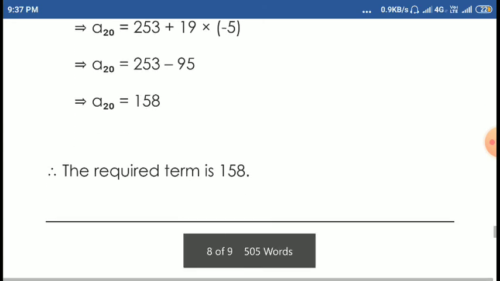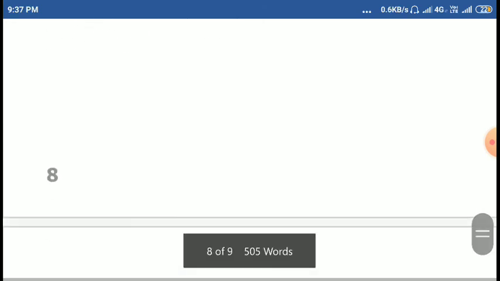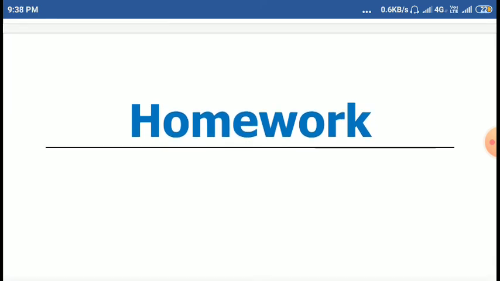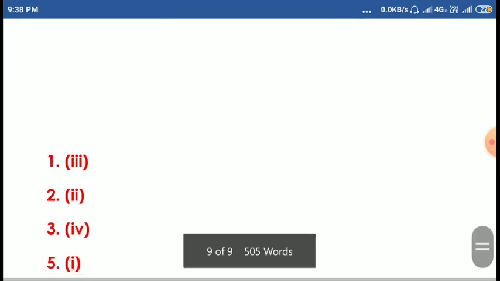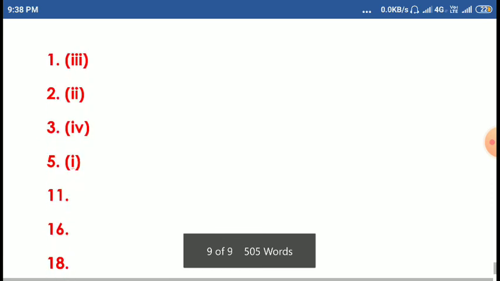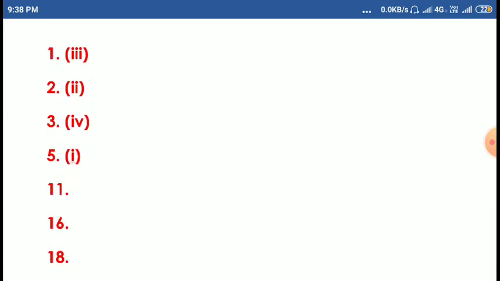So let us come to another problem of the same exercise. This time it is already finished. Let us come to the homework now. I have selected a few problems for homework for you. These are question number 1 Roman 3, then question number 2 Roman 2, question number 3 Roman 4, then question number 5 Roman 1, then 11, 16 and 18.